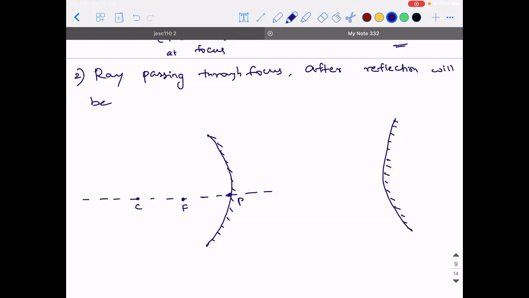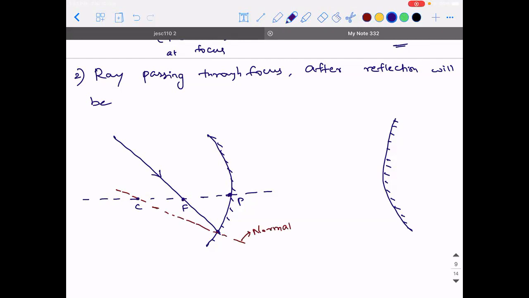So if I take a ray passing through the focus, what is this point, guys? This is the point of incidence. So at the point of incidence, what are we supposed to do? Draw a normal. So this is the normal.